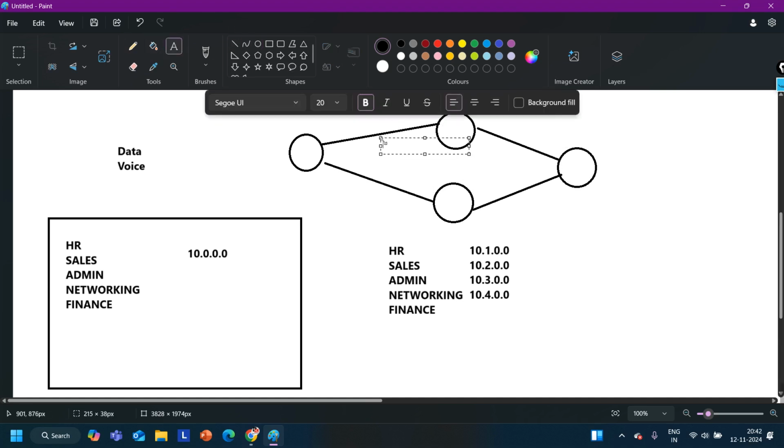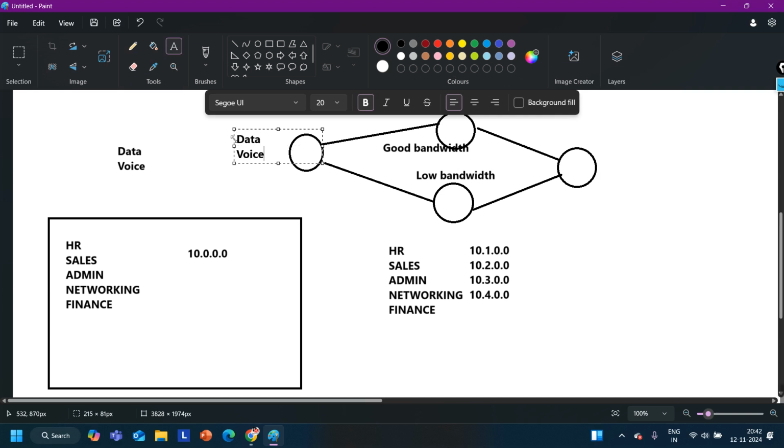Here we have good bandwidth, but here we have low bandwidth. And there are two types of users: some are sending data traffic and some are sending voice traffic, right?